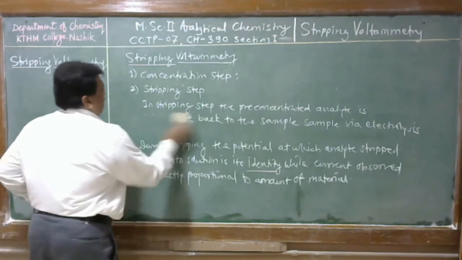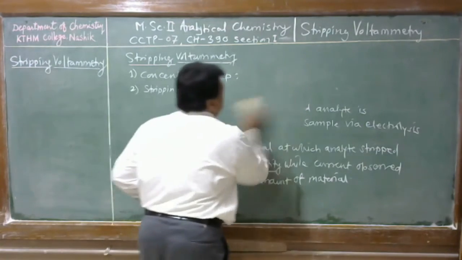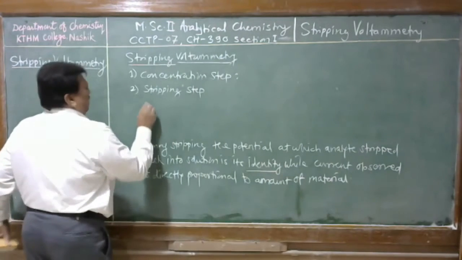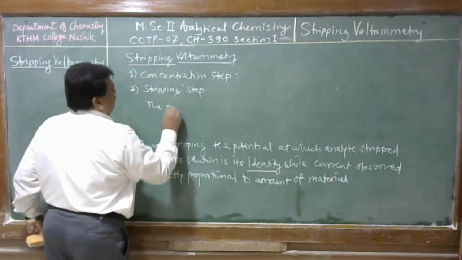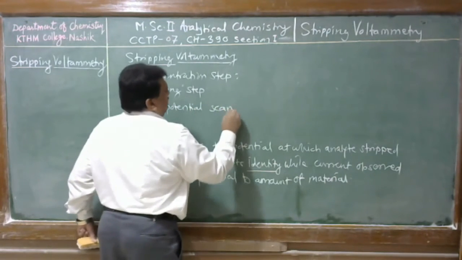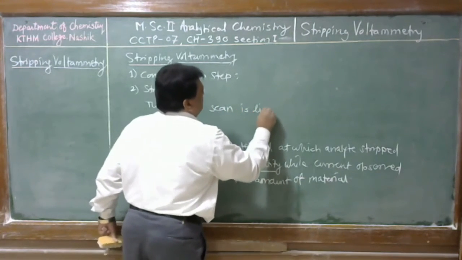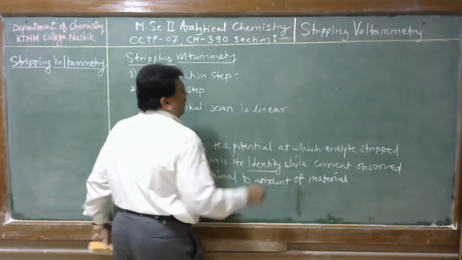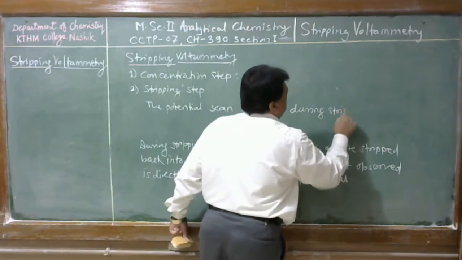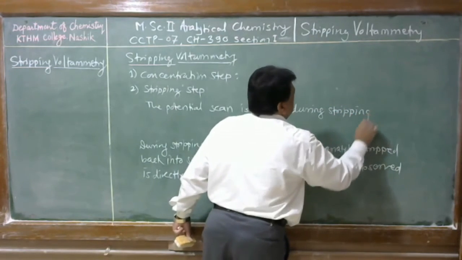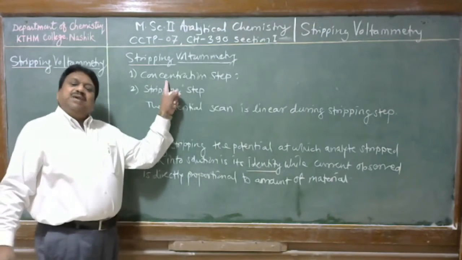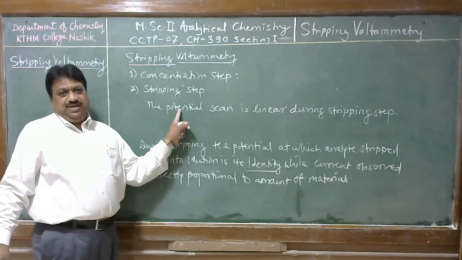Therefore, here the potential sweep program in a second step is linear, the potential scan is linear during stripping step. Therefore, we may say that stripping voltammetry may be a linear scan voltammetry.